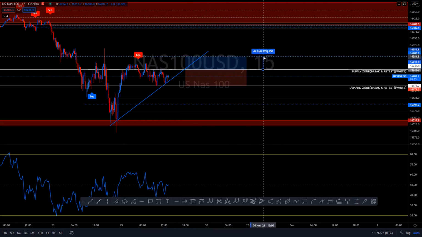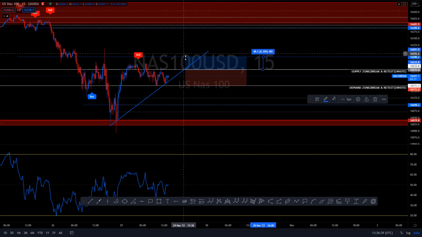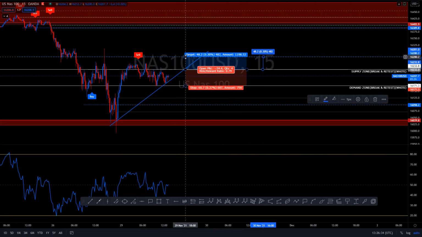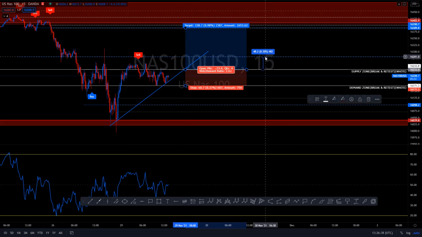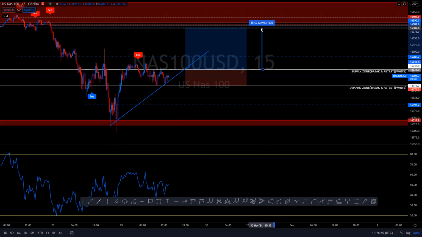So this is at least 490 pips. That's more than enough. And then we can make this the second take profit if price decides to go up and hit that. That is a lot of pips. 1,500. Right.